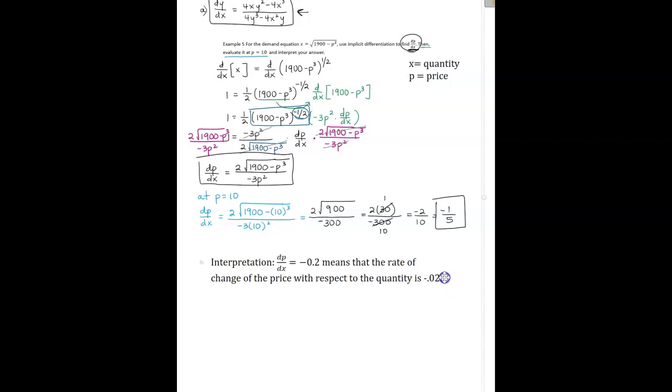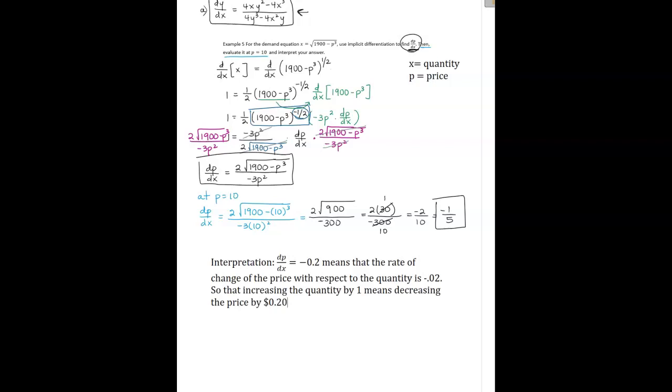So in other words, I'll phrase it like this: increasing the quantity by 1, that's 1 change in x, means decreasing the price by 20 cents.